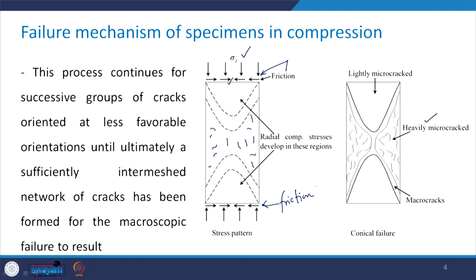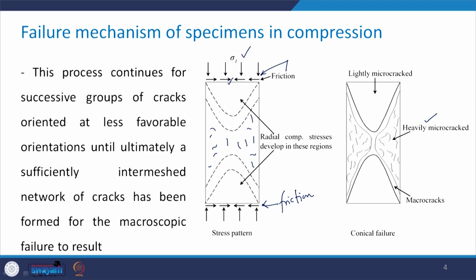There is going to be a biaxial state of stress which is compressive in nature. It will look like this, you see. So, this is biaxial compressive stress in these two zones. I have already explained to you that such a biaxial state of compressive stress will have a strengthening effect.